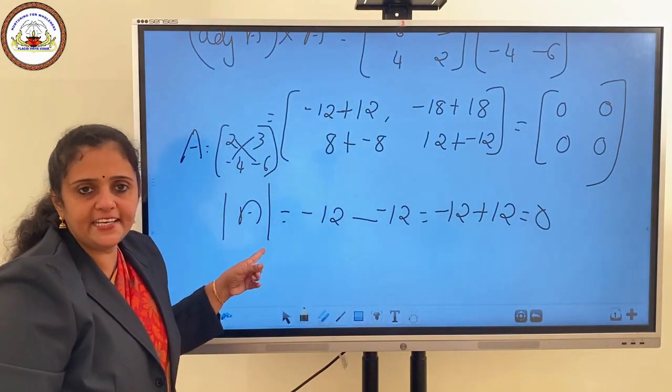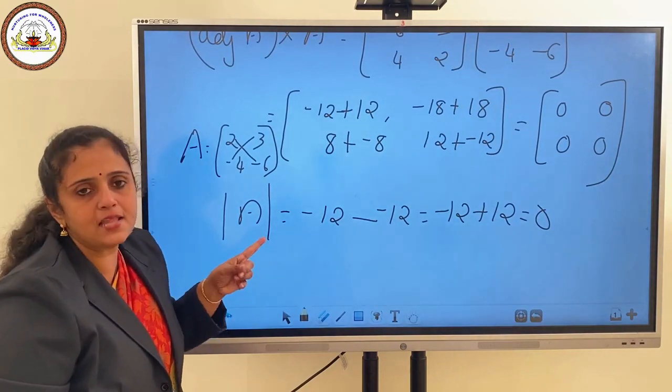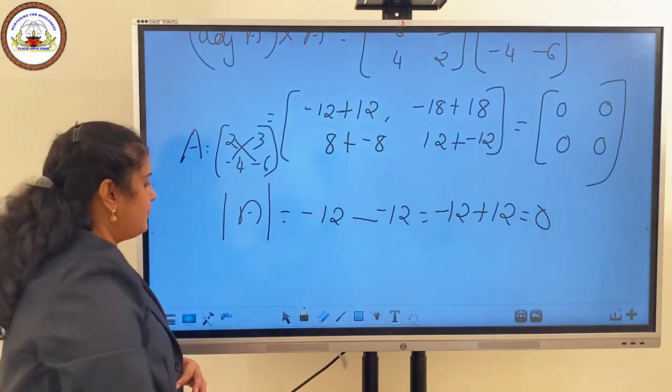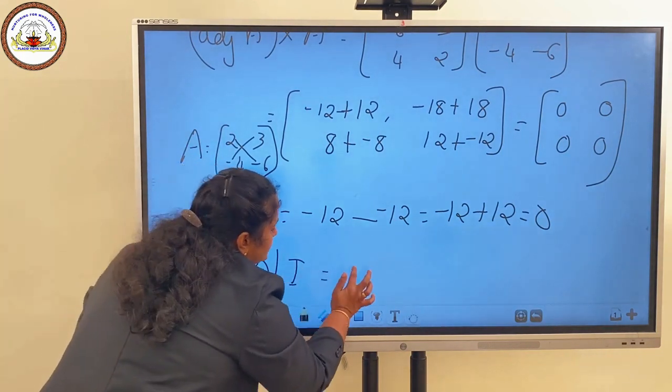Therefore, I is the identity matrix of 2 by 2 order. 0 into any matrix, the answer is also 0. Therefore, the determinant of A into I is equal to 0.